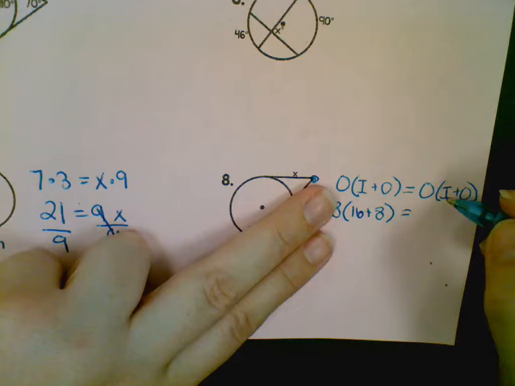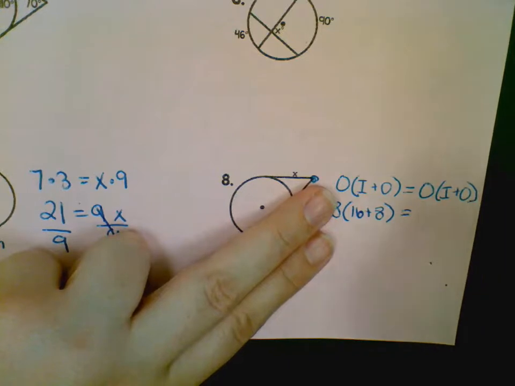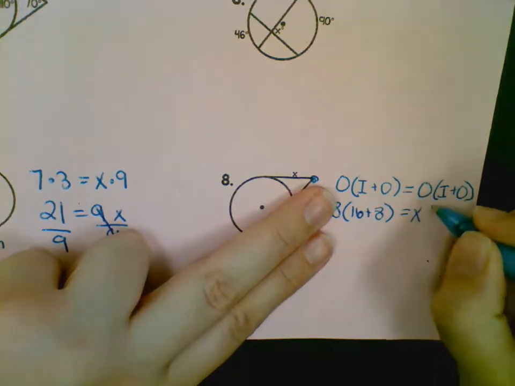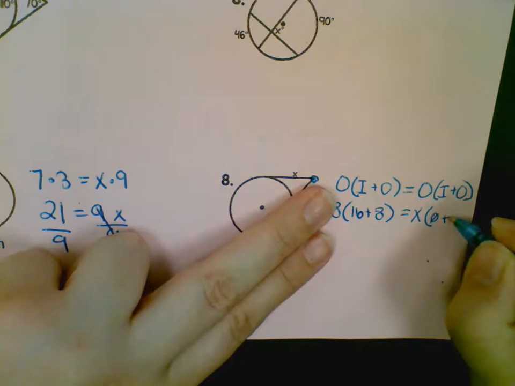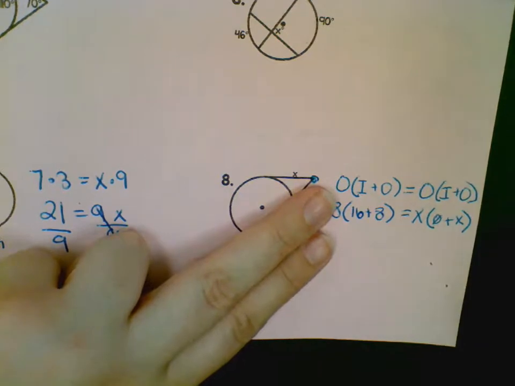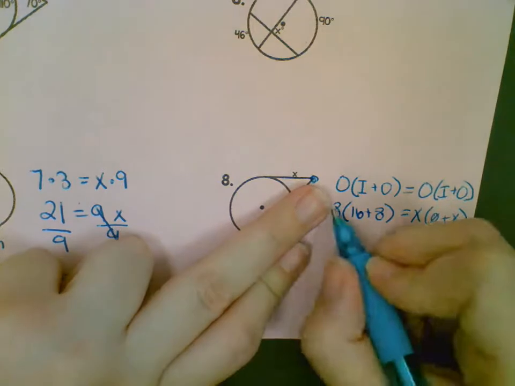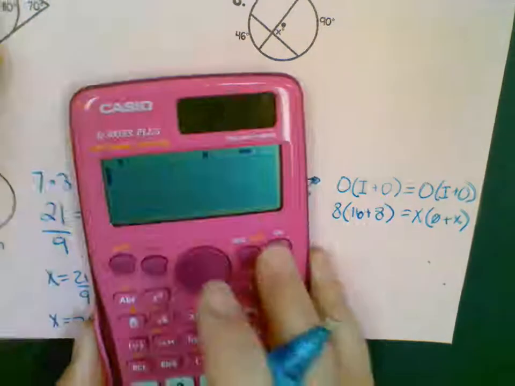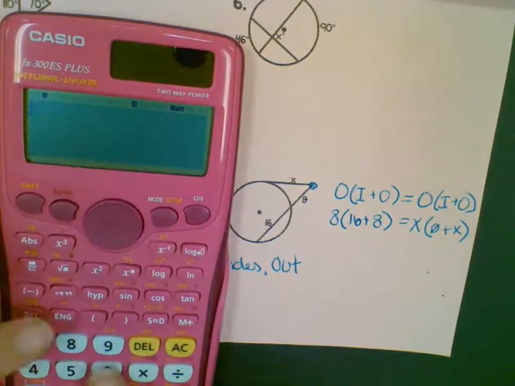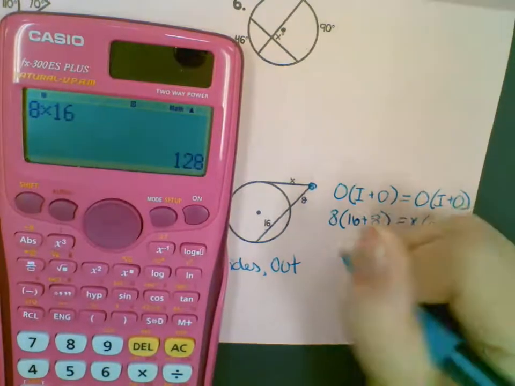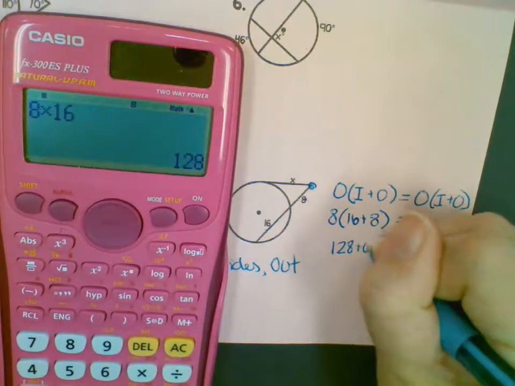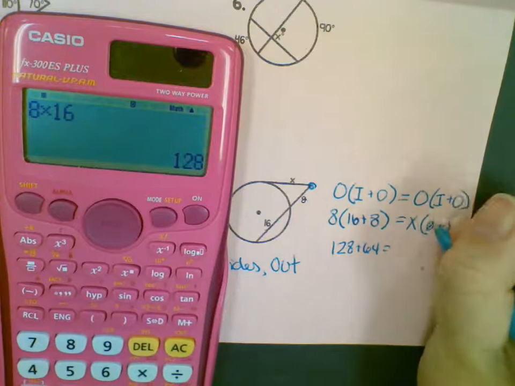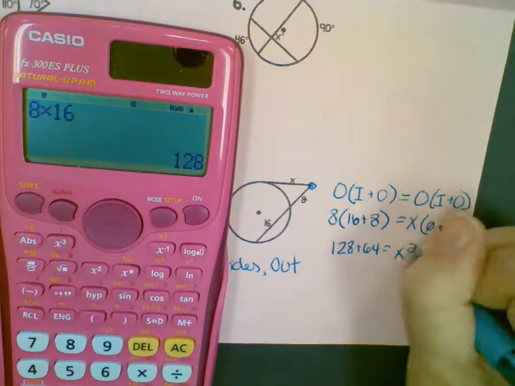Very good. So for the inside, we're going to put 0. So the outside is x. The inside is 0 plus outside. Okay. So distribute. So 8 times 16 is 128 plus 64 equals 0 plus x squared.